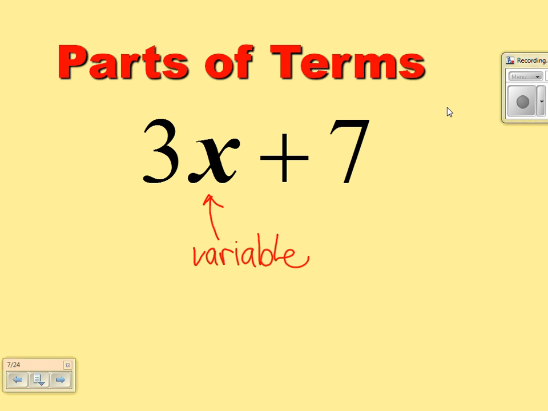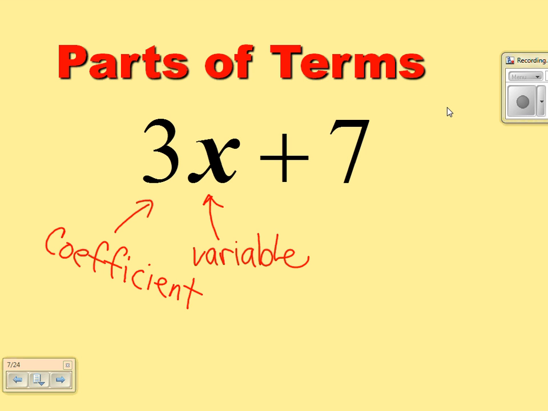The number in front of the x, which is being multiplied to the x, is called the coefficient. Make sure you copy this into your notes and copy it well. It's spelled C-O-E-F-F-I-C-I-E-N-T.